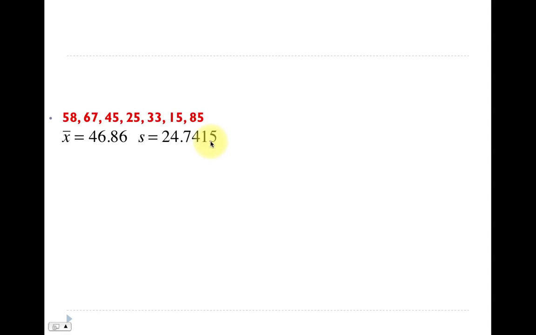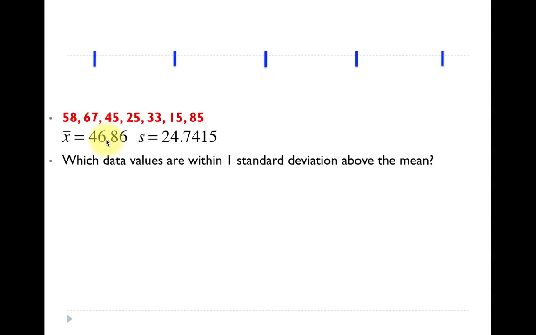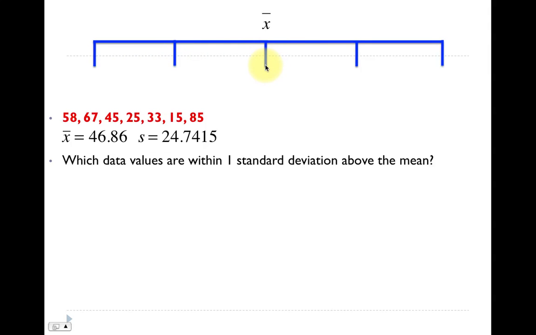Now, the mean of a data set can be graphically represented as the center. So if we consider our data values going from smallest to largest on this horizontal line, in the very center we're going to label our mean, 46.86.